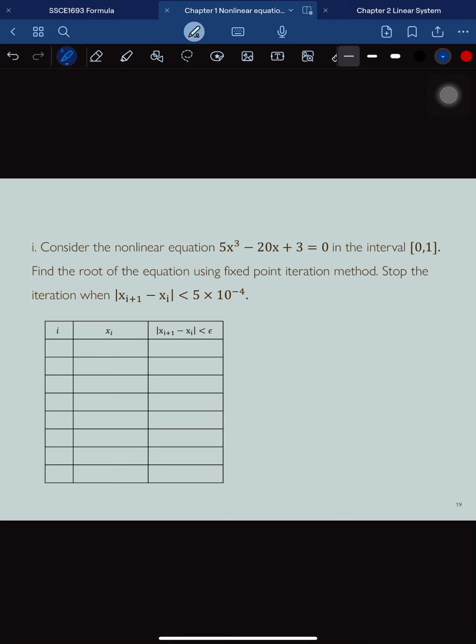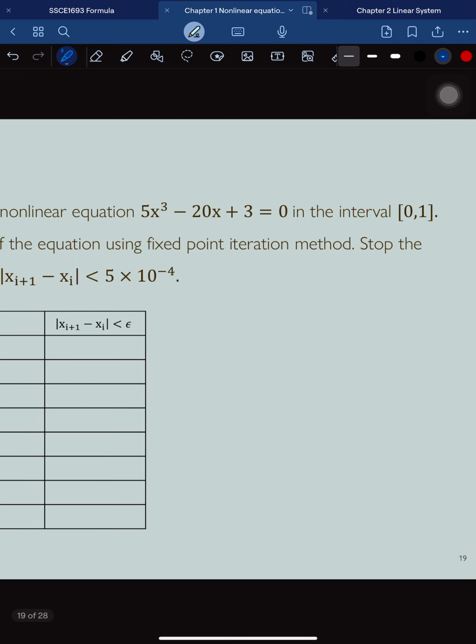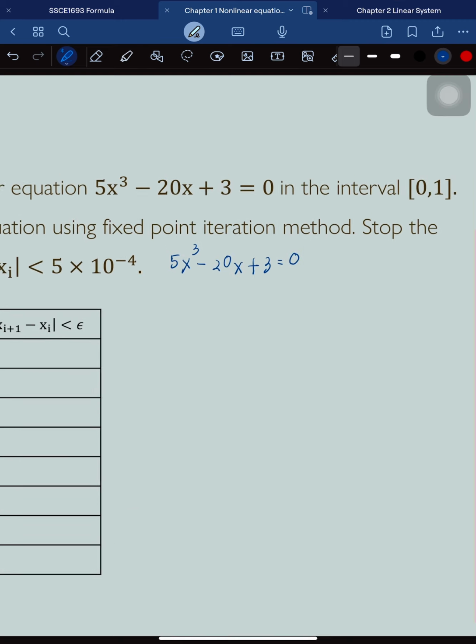Consider the nonlinear equation in the interval. Find the root of the equation using the fixed point iteration method. Stop the iteration when the stopping condition is met. We have 5x cubed minus 20x plus 3 equal to 0. So you have to make x the subject.